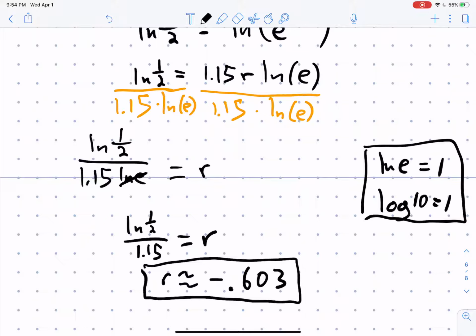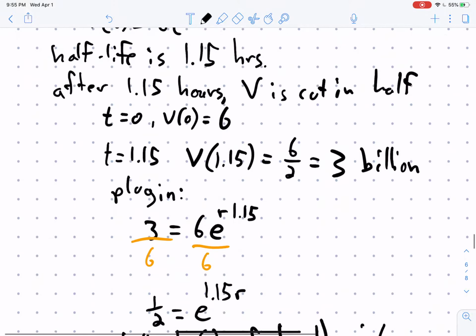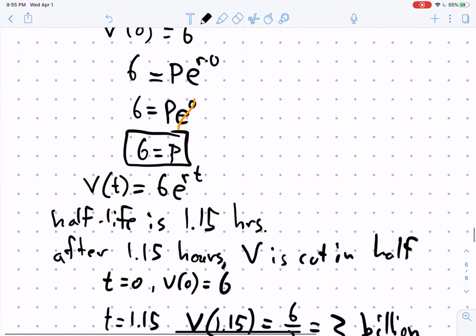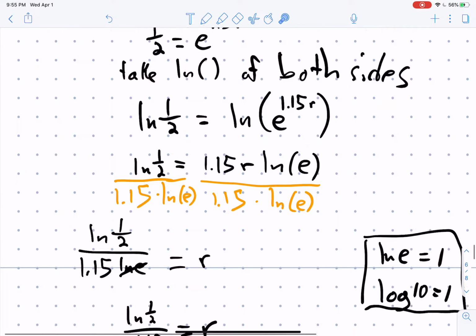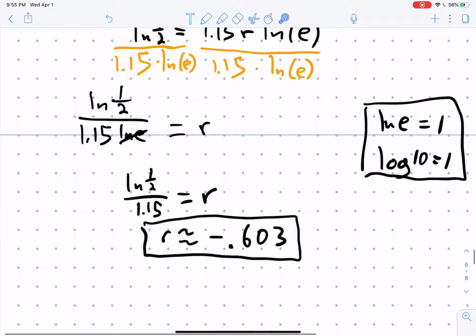So, if you recall, what we're working on is we're trying to find a formula, this formula. We're trying to fill in the value of p, we did that already, that was 6, and the value of r we just found, it was negative 0.603. So let's go ahead and put those in, and this will give us our overall formula for v of t.